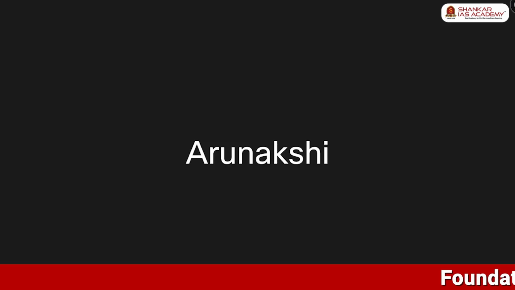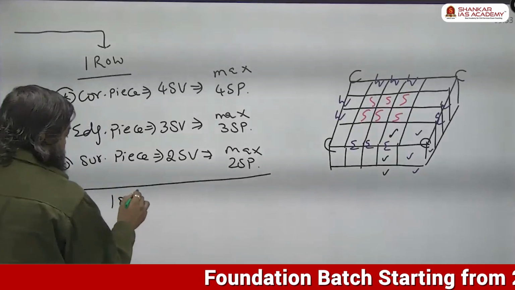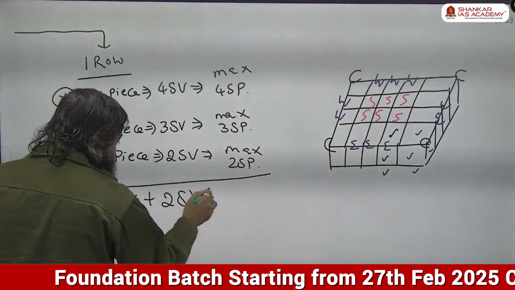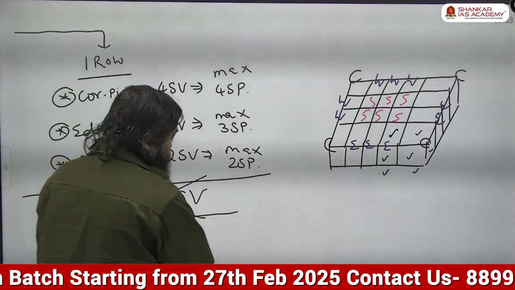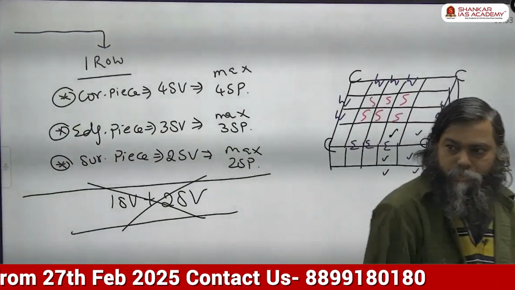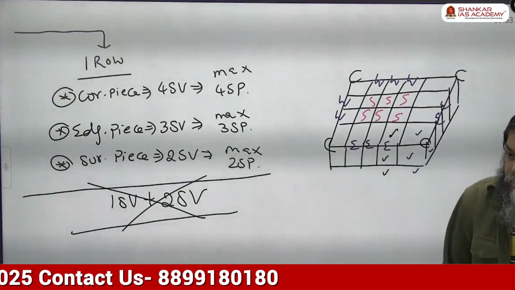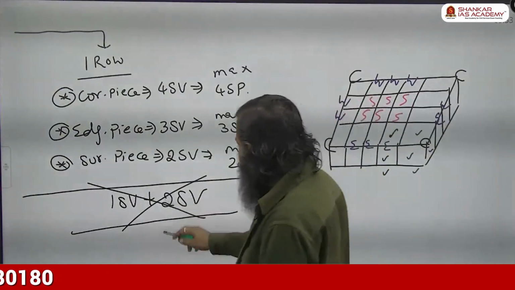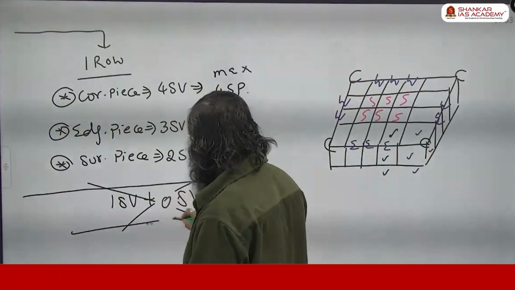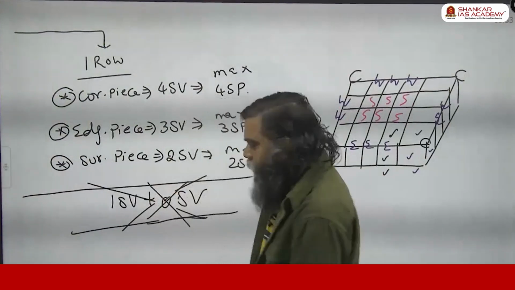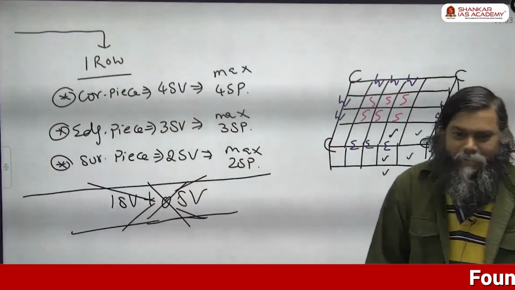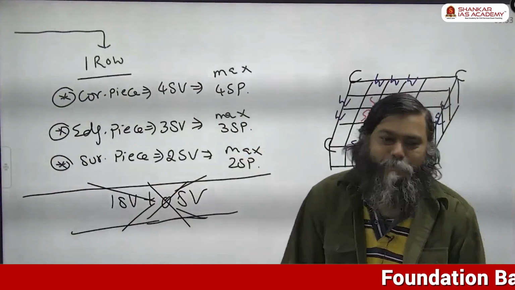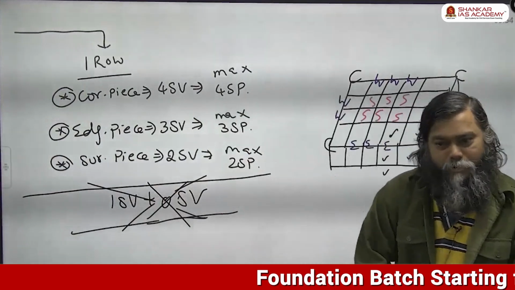If only one row is there, then 1-side visible and 2-side visible pieces are not available. Did you understand? That is 0-side. All understood? Does anybody have any doubt so far?